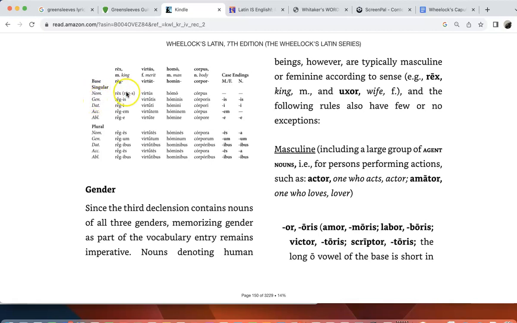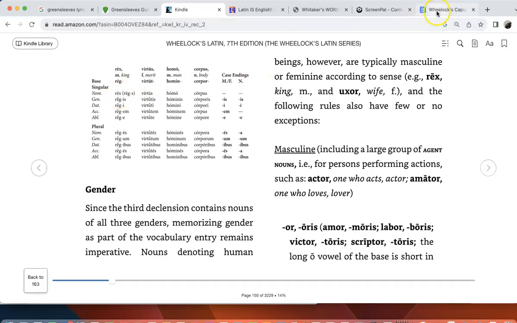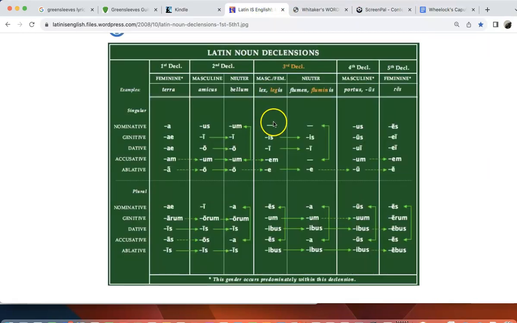So this has been explained, also noted in the book earlier. The reason you look at a word like king, rex, like Tyrannosaurus rex, the reason we have a blank here is that the third declension nominative singular has 14 to 16 different endings. So it's just not practical to list them all.